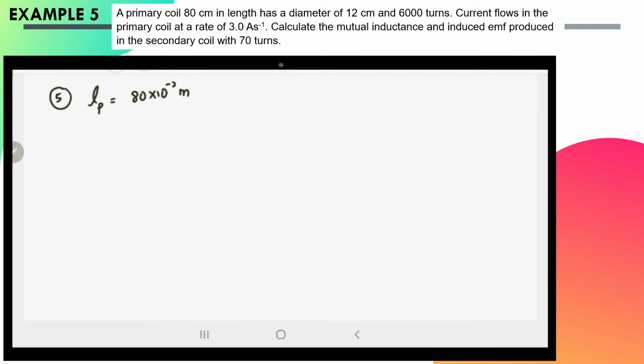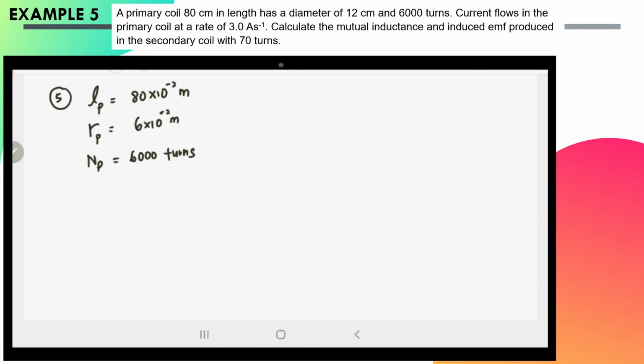The diameter of the coil is given as 12 centimeter, but I just write the radius, because in order to find the area we need the radius, right? So the radius of the primary coil should be half of its diameter, so it's 6 centimeter, that is 6 exponent negative 2 meter.